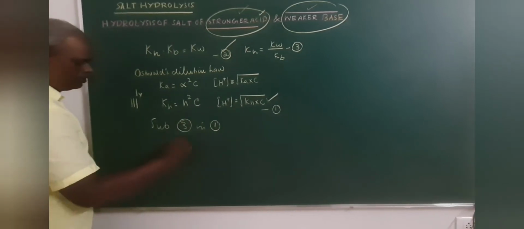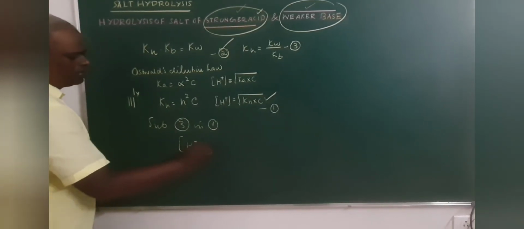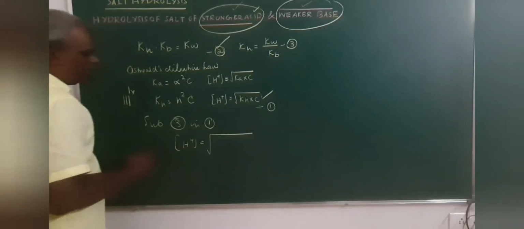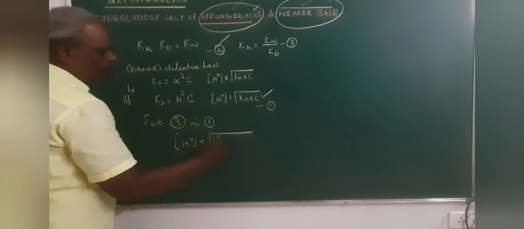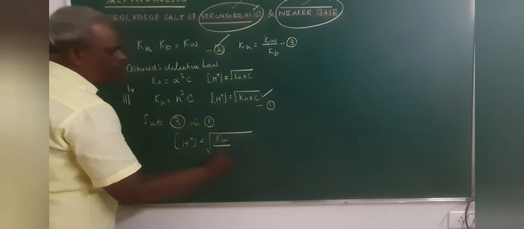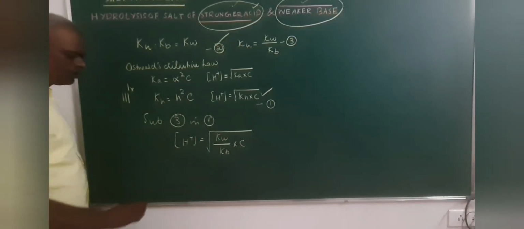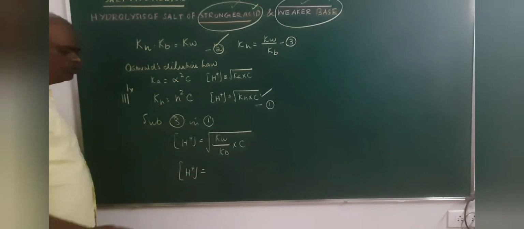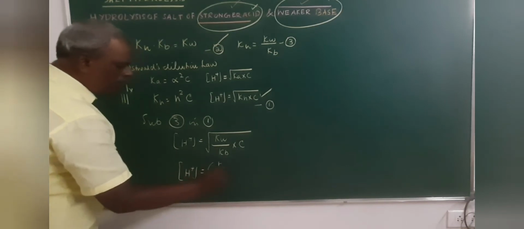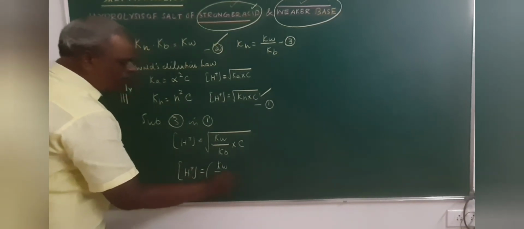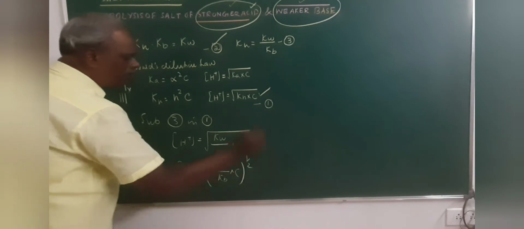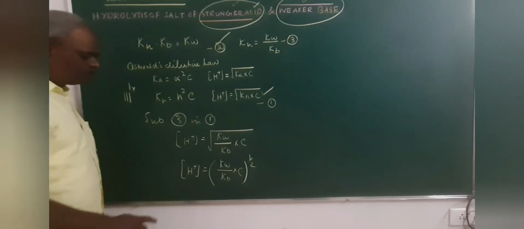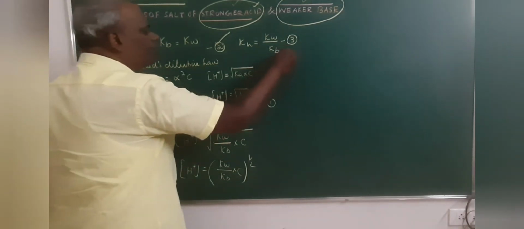So the hydrogen ion concentration is equal to the square root of, instead of Kh, we can write Kw by Kb into C. This is rewritten as follows: H plus is equal to Kw divided by Kb into C, the whole power half. So this expression is useful to calculate the pH.